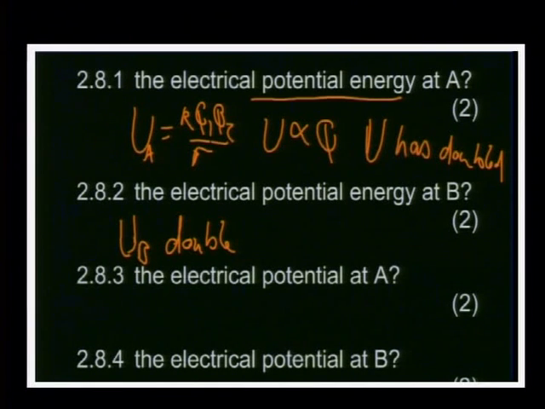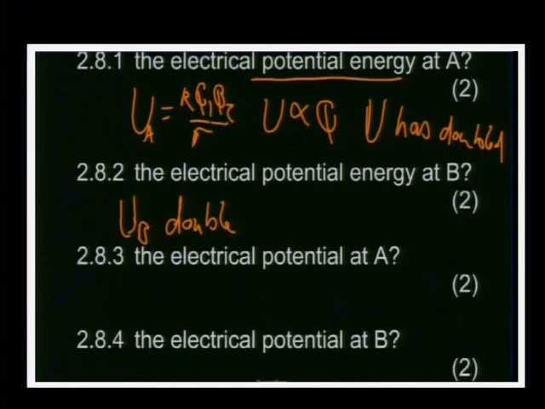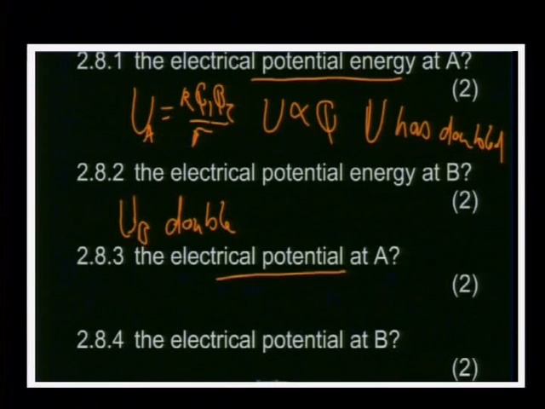Next one, and this is the interesting one. What about the electrical potential at A? The electrical potential, remember, we are divided by the charge that was at that position. So if we're dividing by that charge, it doesn't matter. The charge is going to cancel out. So VA is going to remain the same.